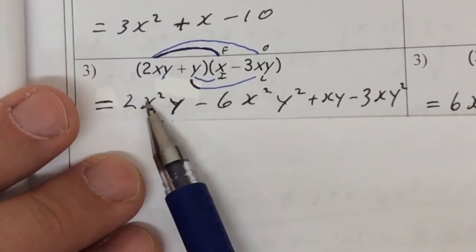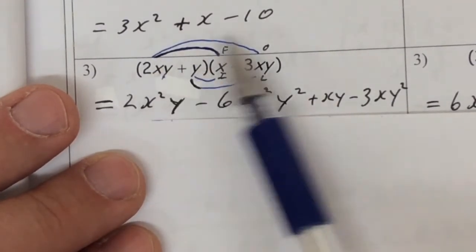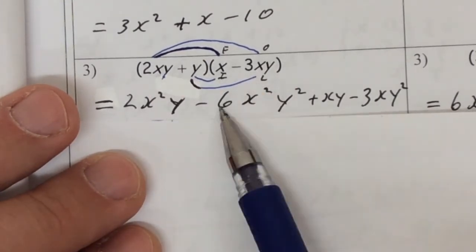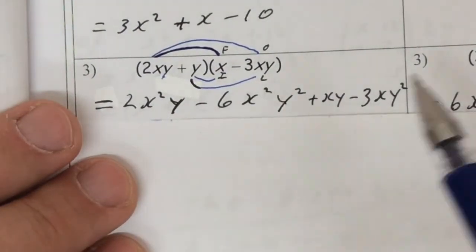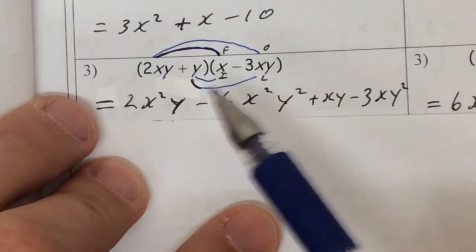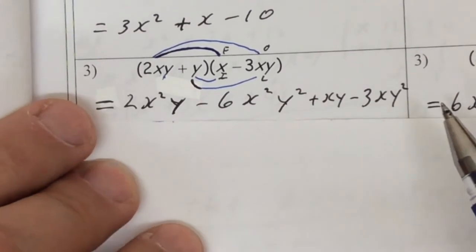X times x is x squared, then you have the y and the 2 left. The outside, 2xy times negative 3xy, so minus 2 times 3 is 6, x times x is x squared, y times y is y squared. Okay, and then the inside is here, and the last is there.